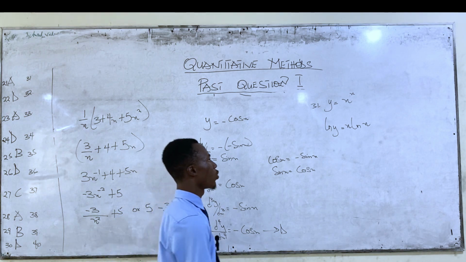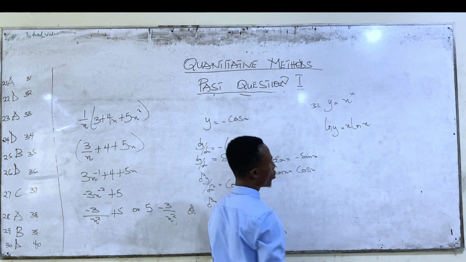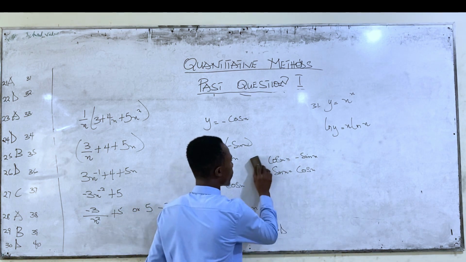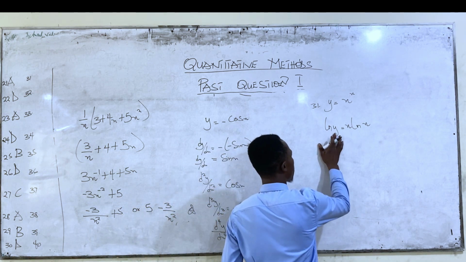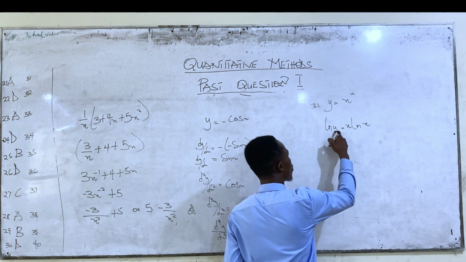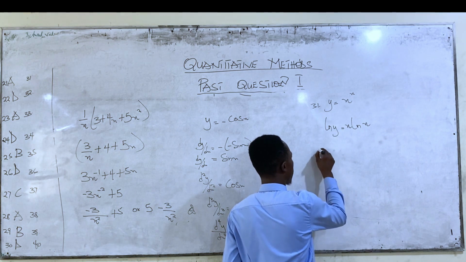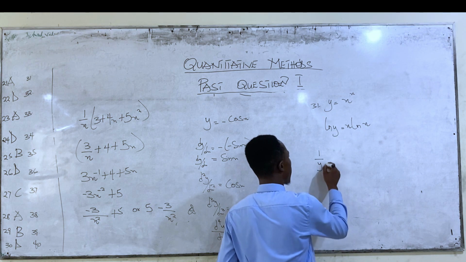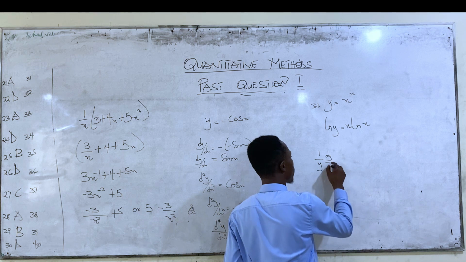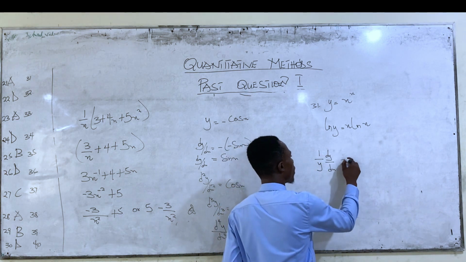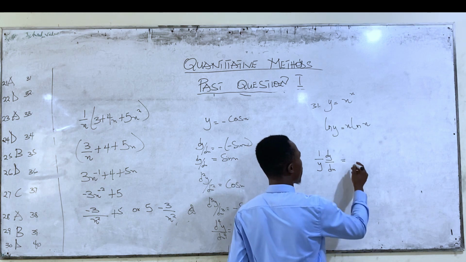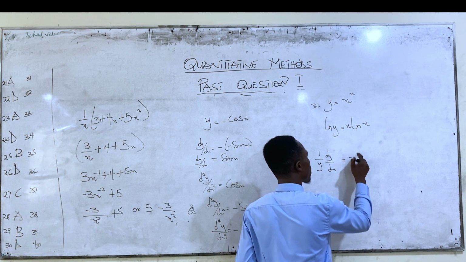Now you are going to treat it like the product rule. So let me first deal with this one. When you differentiate ln y, you get 1 over y, then you bring your dy/dx, because anytime you differentiate y, there should be dy/dx. Then you have x here, so you hold x constant and differentiate ln x.